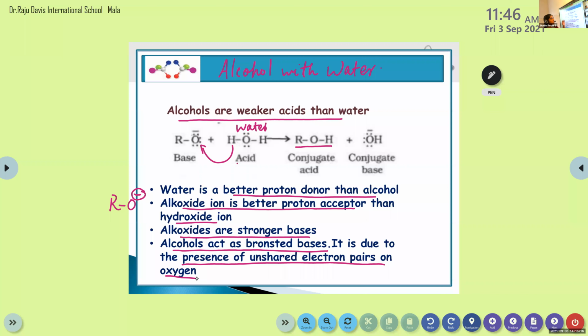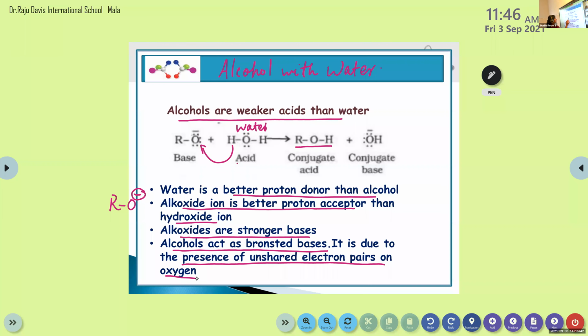Okay. In the case of water, they will act as Bronsted base because water is a better proton donor than alcohol. So this alkoxide ion will accept protons from water and act as a Bronsted base. And it happens due to the presence of unshared electron pairs on the oxygen atom.